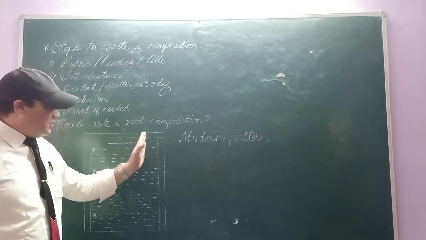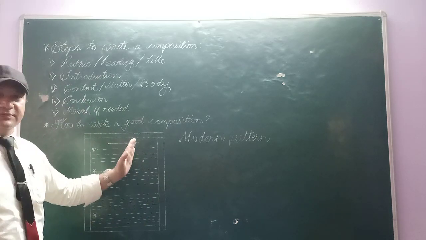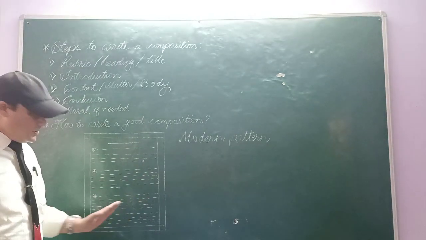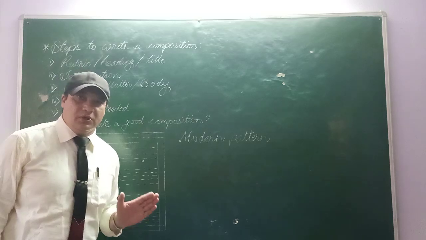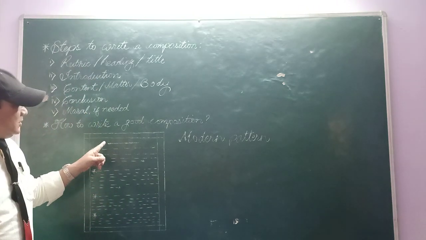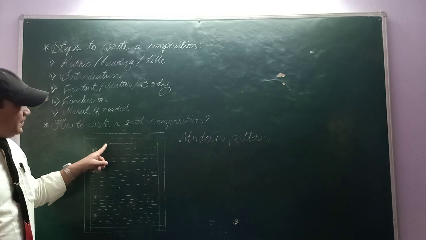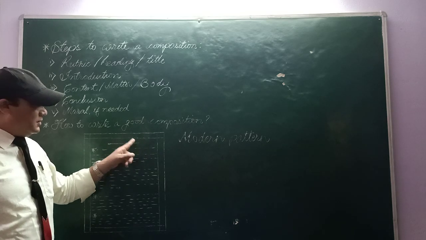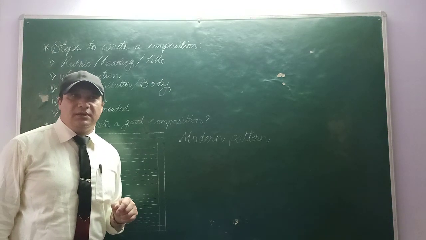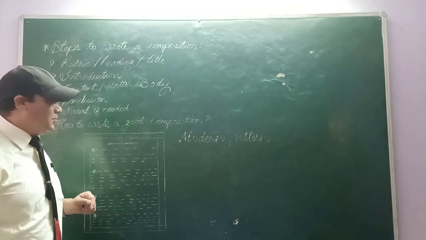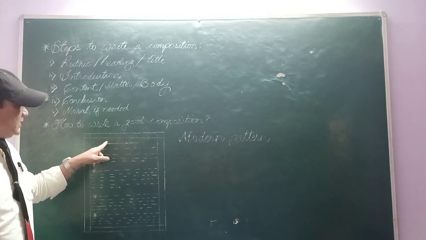Now when you have the four-side margin given, it becomes easy for us to write a good composition. Right on the top center of the page, give a rubric, or write a heading, or write the topic of the composition that you are writing. So heading is a must.